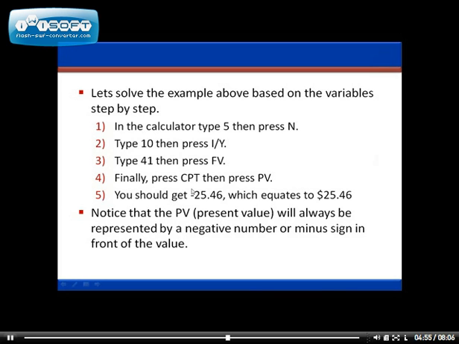And finally, after we put in all of our knowns, we pressed compute, and then we pressed the PV button, which gave us our present value. And we got negative 25.46, which equates to $25.46. And notice that the present value will always be represented by a negative number, or a minus sign in front of the value.